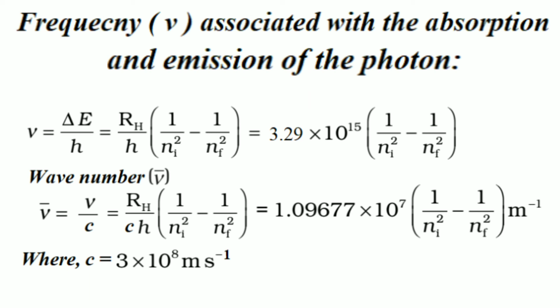Now put the value of nu, that is the frequency, you will get finally 1.09677 into 10 to the power 7 multiplied by 1 upon Ni square minus 1 upon Nf square meter inverse. So this is the formula for the wave number, and it is the reciprocal of wavelength. So you can easily calculate the value of wavelength by the inverse of wave number.